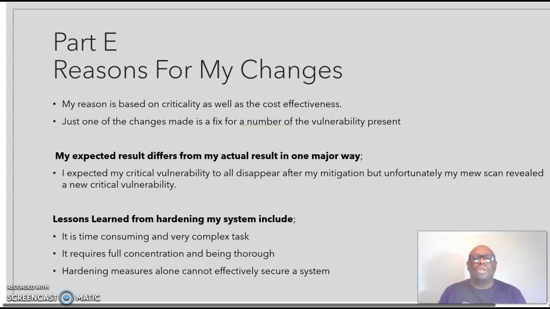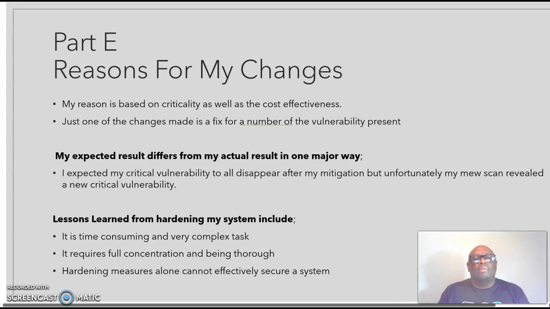I also chose the changes I made because I realized that one of such changes would fix a number of vulnerabilities. Just by making one change, I think it will fix about three different vulnerabilities. So I decided to pick that one so that I could fix as much as possible.